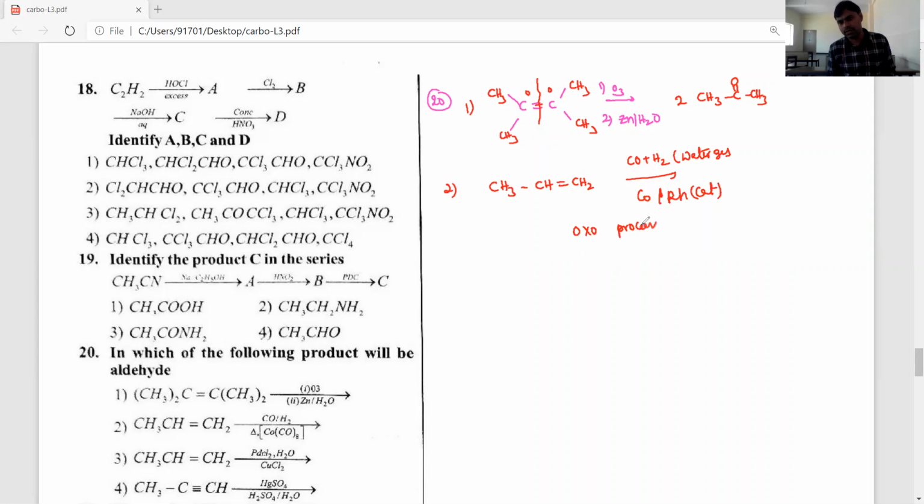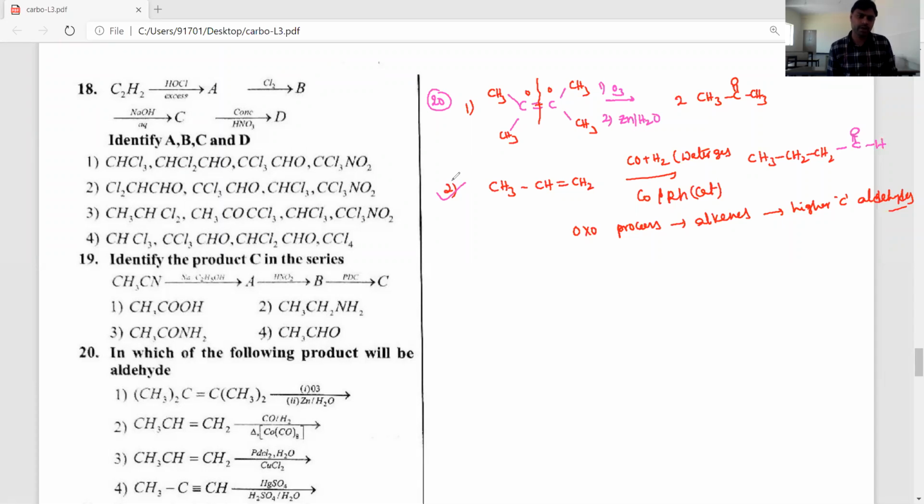The oxo process means alkenes are converted into aldehydes containing higher carbons. Now it is converted into CH3-CH2-CH2-CHO, an aldehyde. So the answer is the second option.